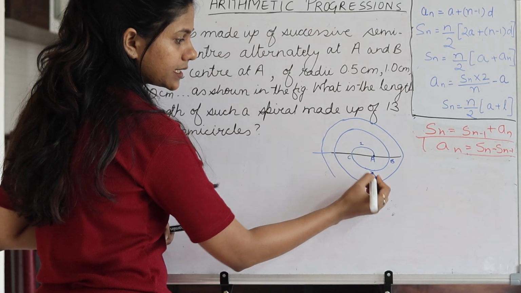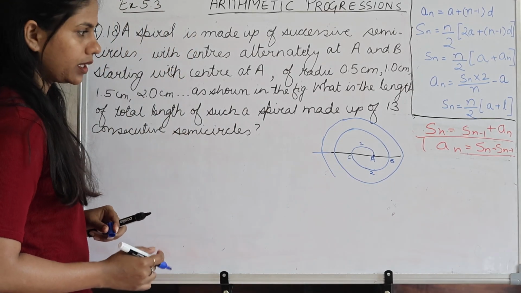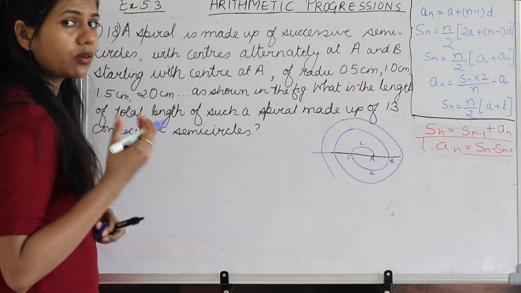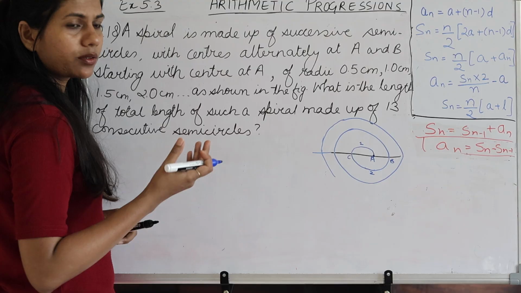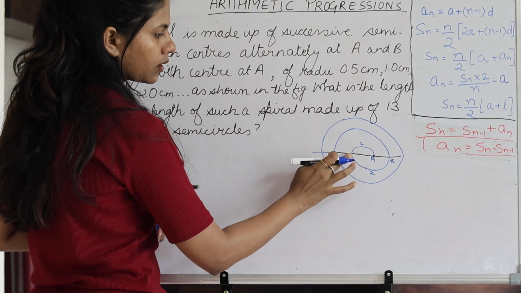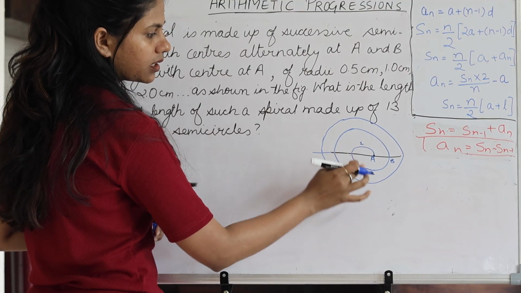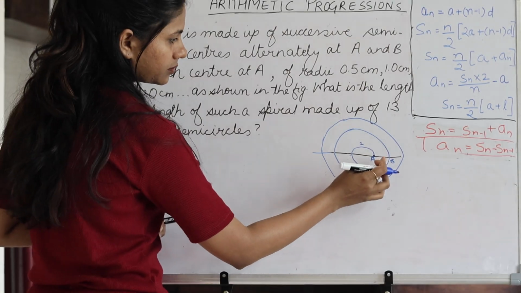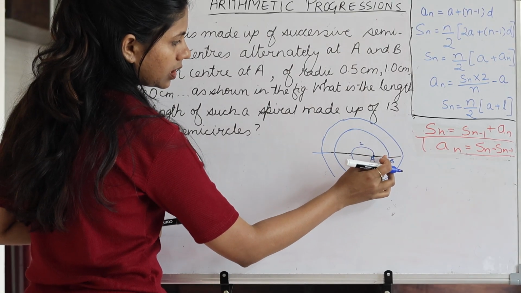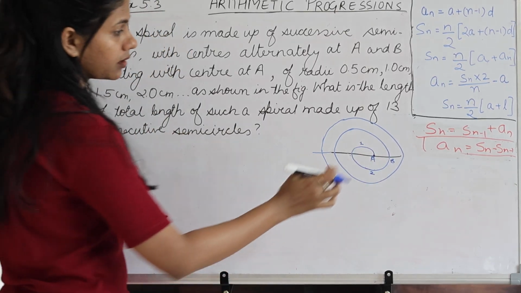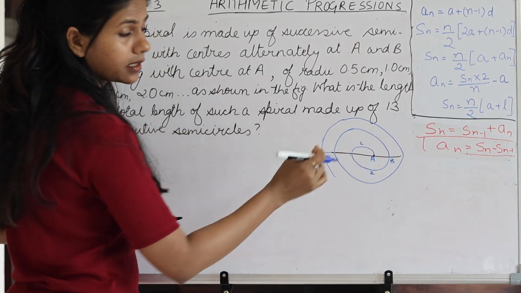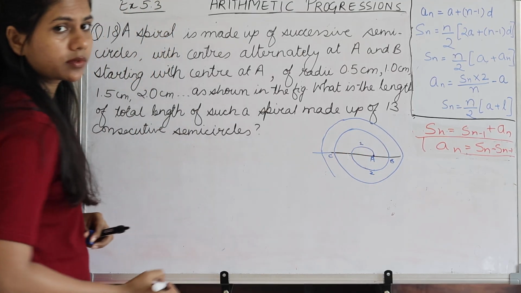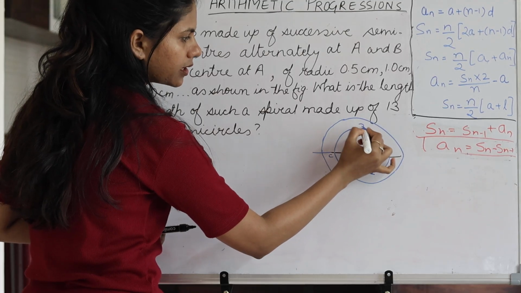So this is the second. After this, from B, now it is alternating. Now B is the starting point, not center. So from B, now this point is C. This is the third semicircle.